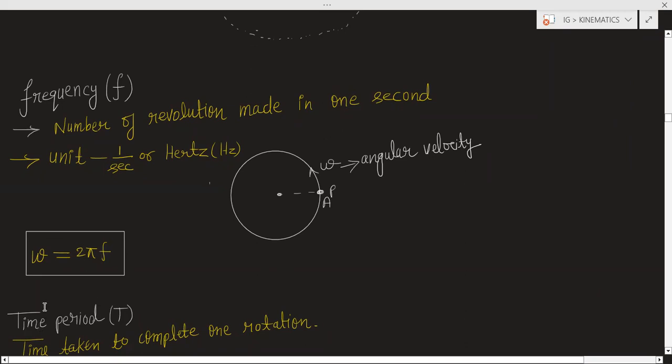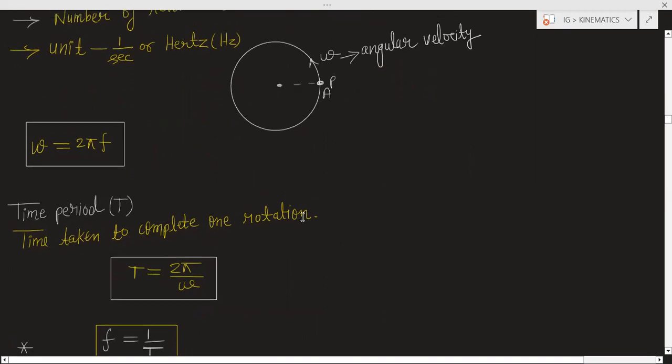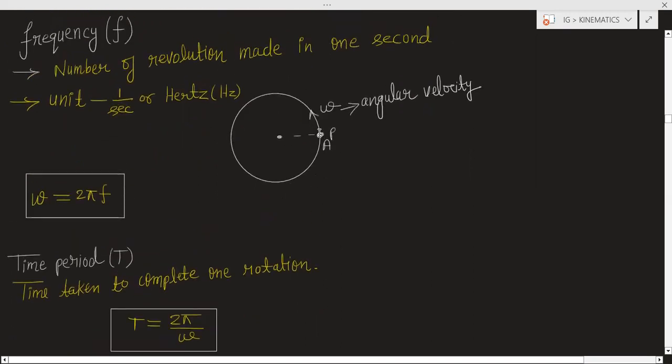Now there is another term, time period. Time period is the time taken to complete one rotation. So for this particle to complete one circle, the time taken will be the time period.